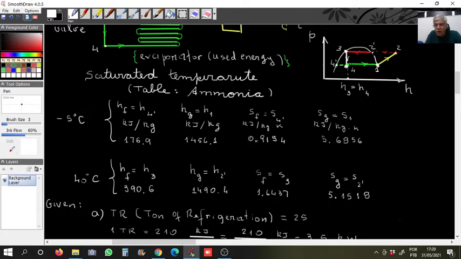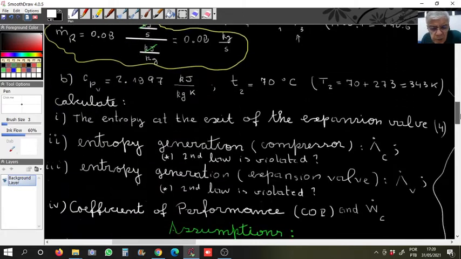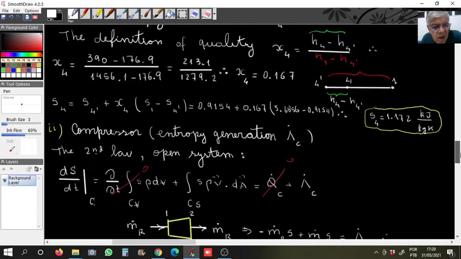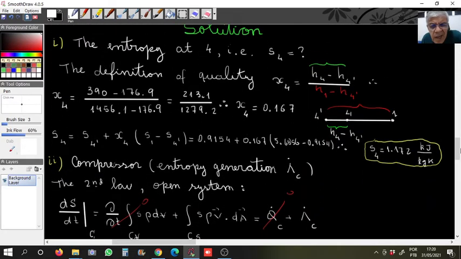But 4 has vapor plus liquid. That's why in thermodynamics we define what we call the quality. Definition of quality, X4: at state 4 it is H4 minus H4 prime.